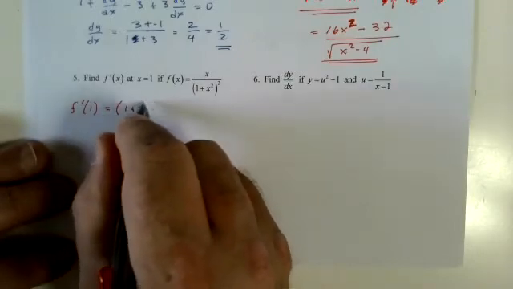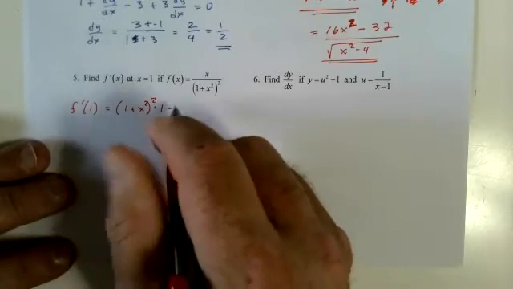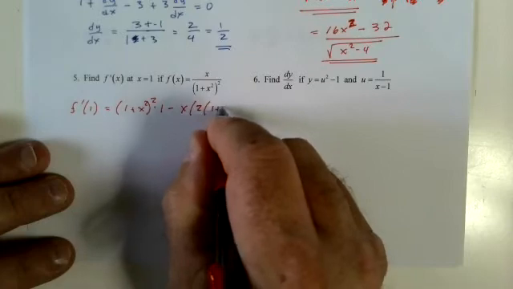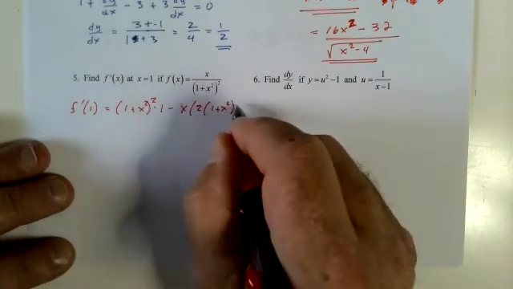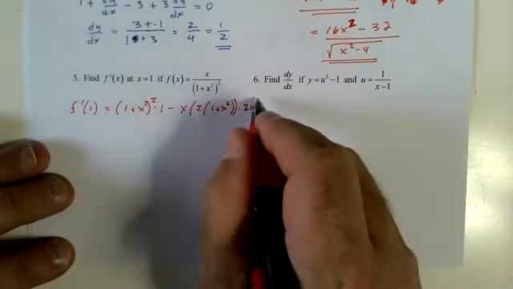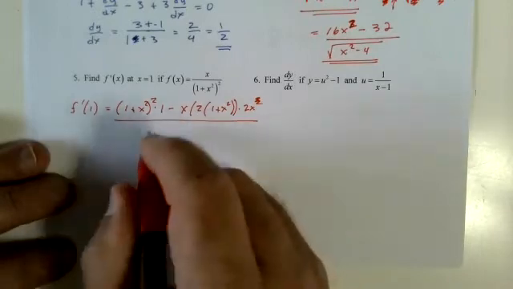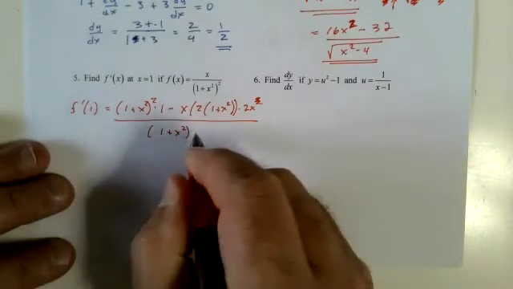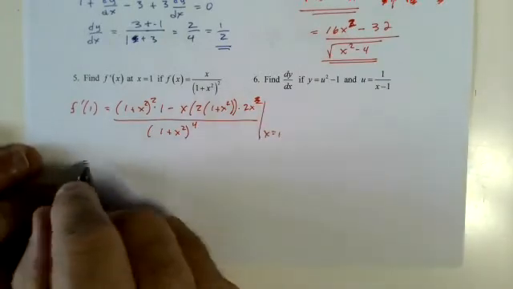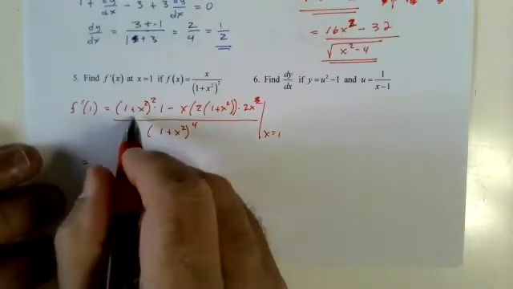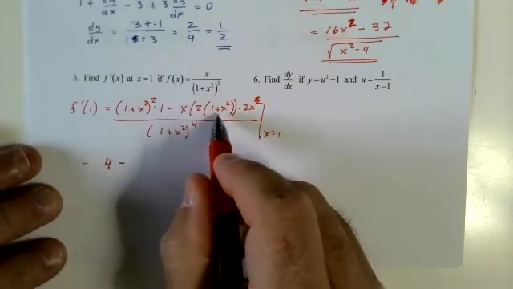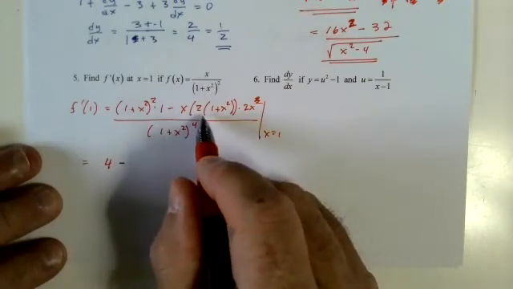Low, d high minus high, d low. X equals 1. 1 plus 1, 2 squared. 4 minus 1, 1 plus 1, 2 times 2, 4.